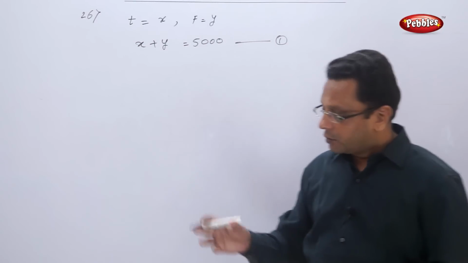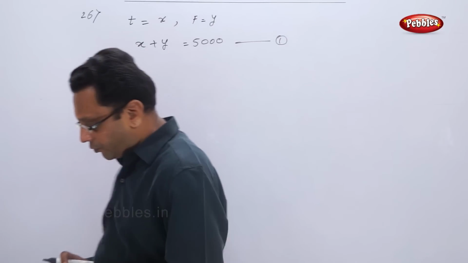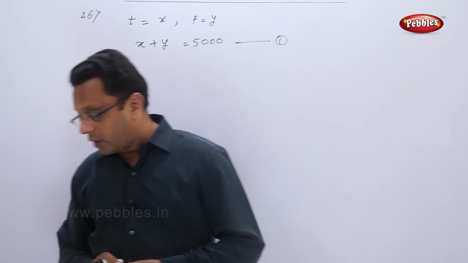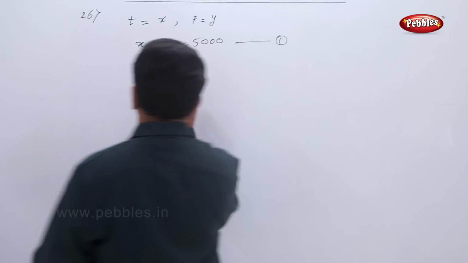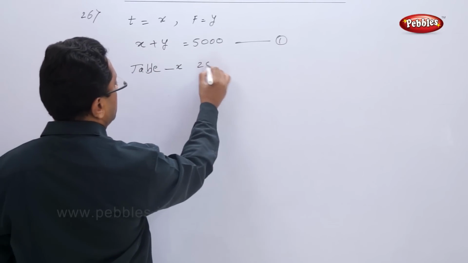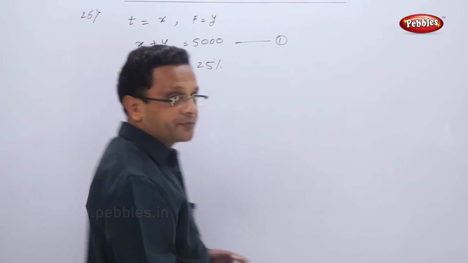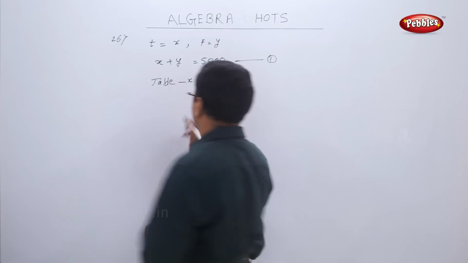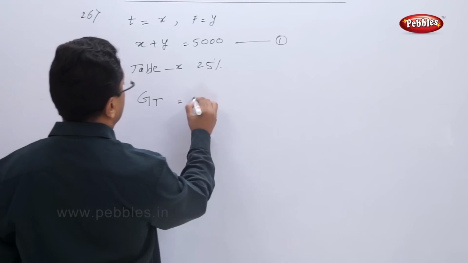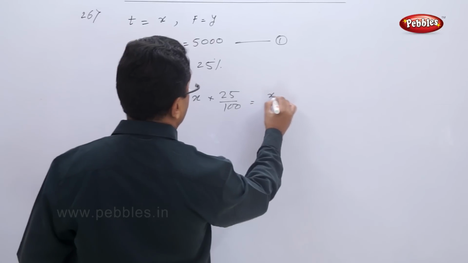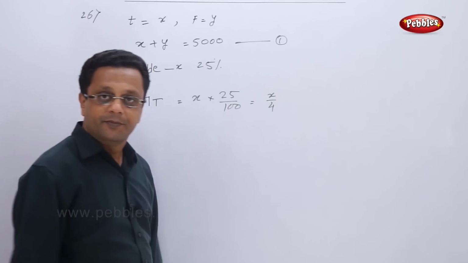Now he sold both the things. The table is sold at a gain of 25%. Now table, what is X? With a 25% gain, the gain on selling the table is X into 25 by 100, that is X by 4 rupees.